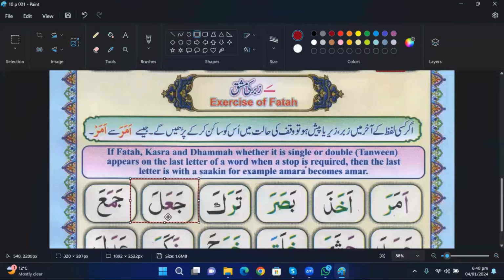And if you find that your students understand how they make the spelling and how they say the words fully, then that's good. But if you note that your students are not getting it properly, you need to practice more, like four or five times.